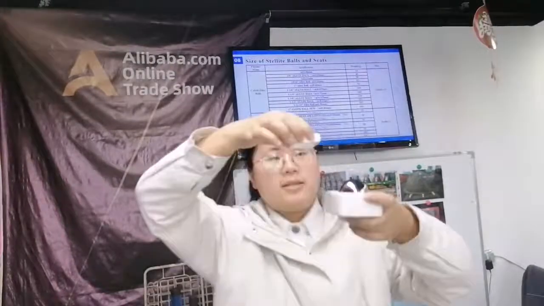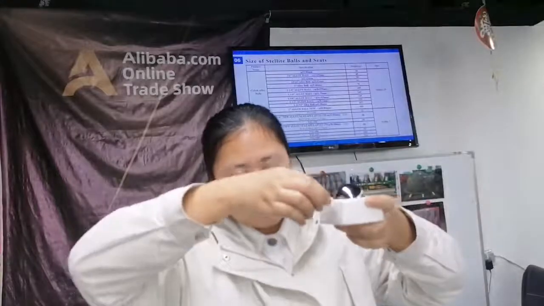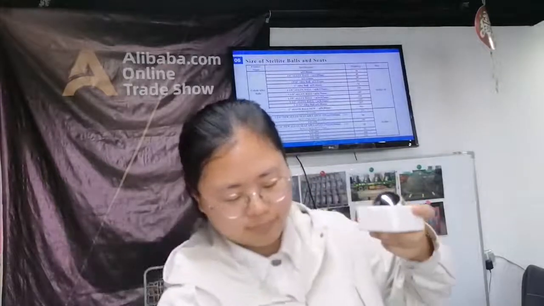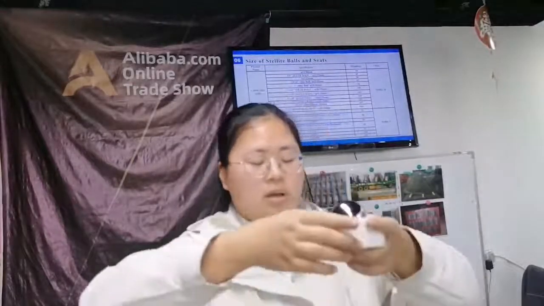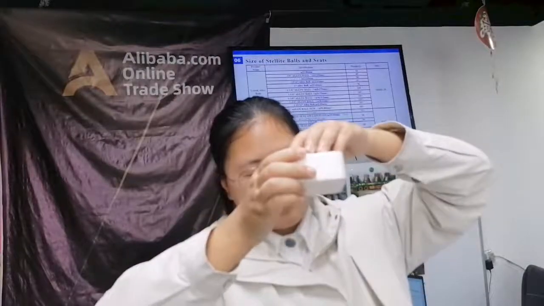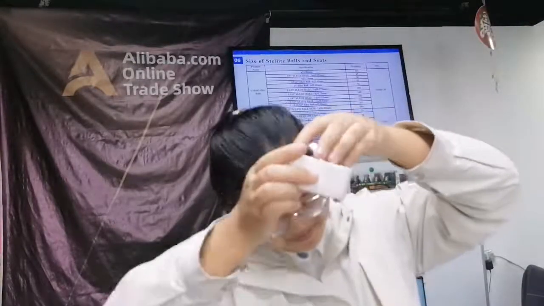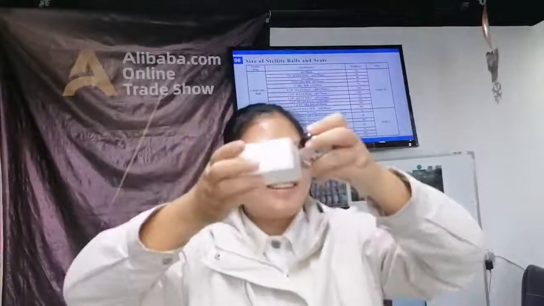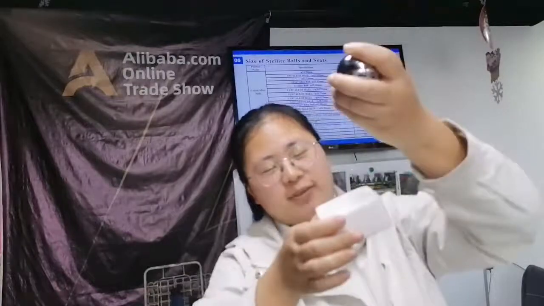You can see this sample is C9 balls. This one is a bigger ball. The size is diameter 15.8 millimeter.